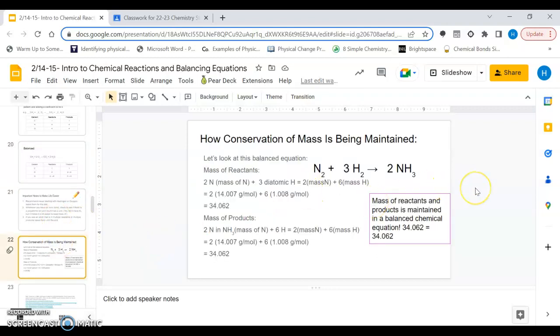Last thing I want to check in about is the conservation of matter is really the conservation of mass. This is how it was figured out and established a very long time ago. What I want to point out, this is a balanced equation, okay?